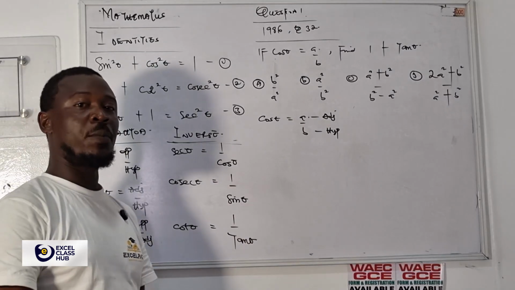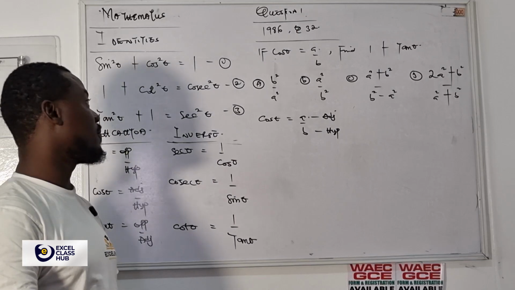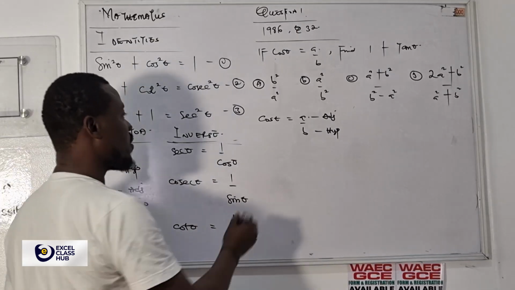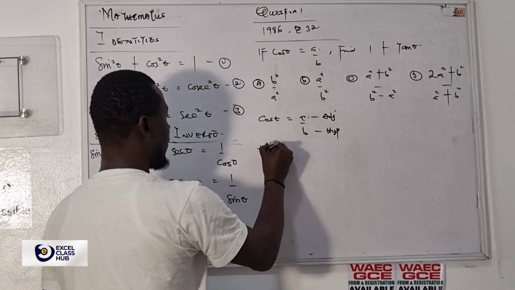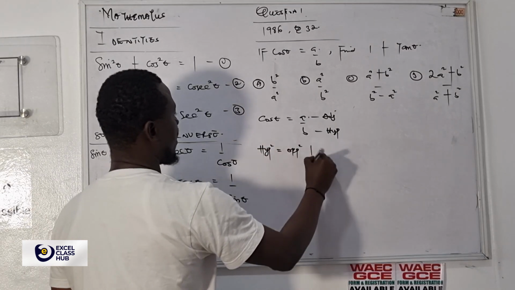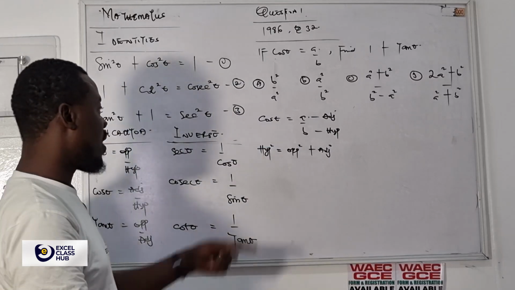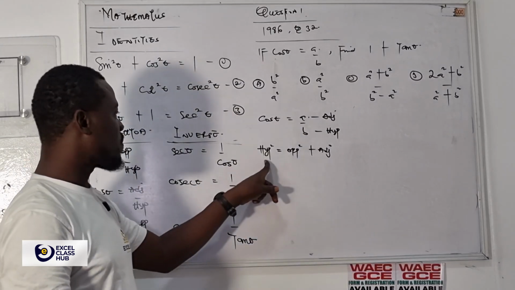But for me to get my opposite from this question, I need to go back to my Pythagoras theorem, which says hypotenuse square equals opposite square plus adjacent square. Now, what's my hypotenuse there?